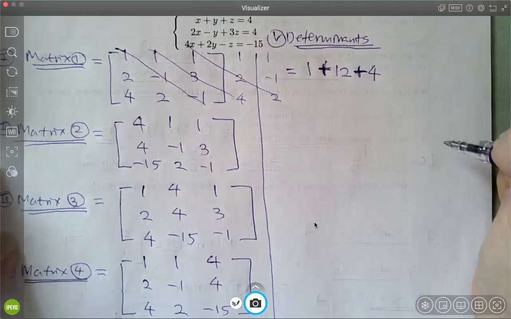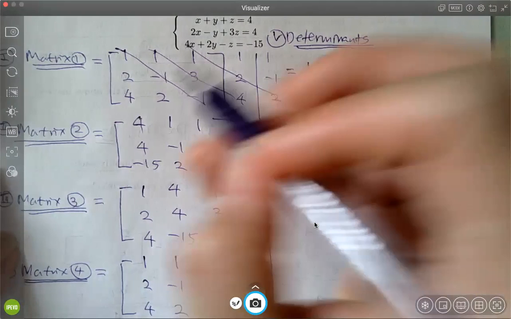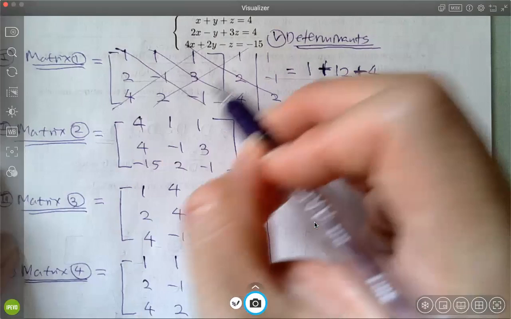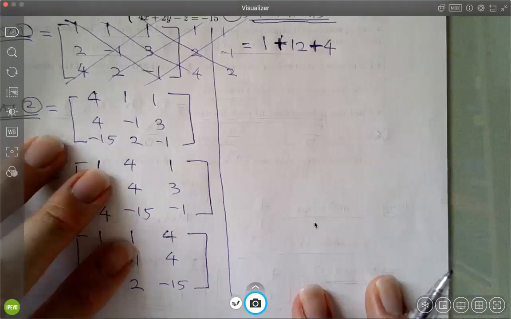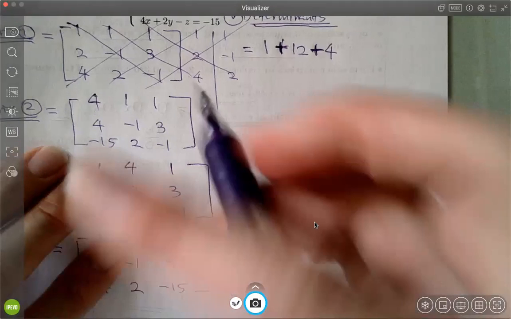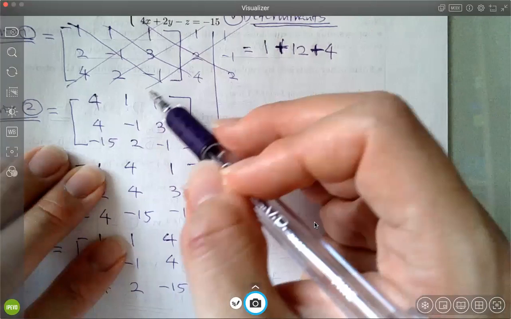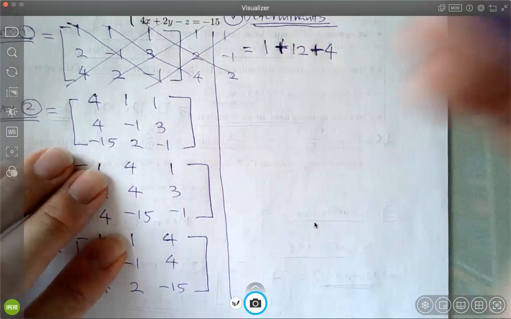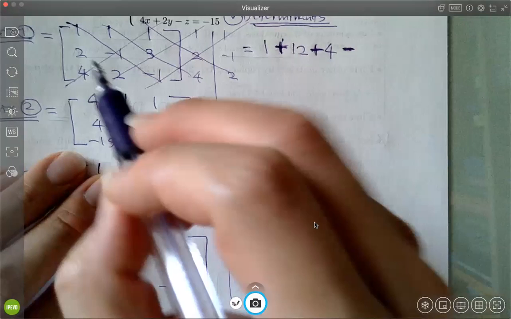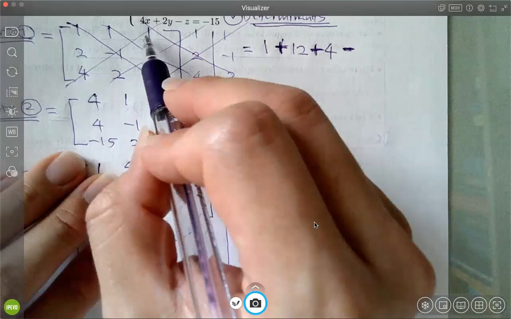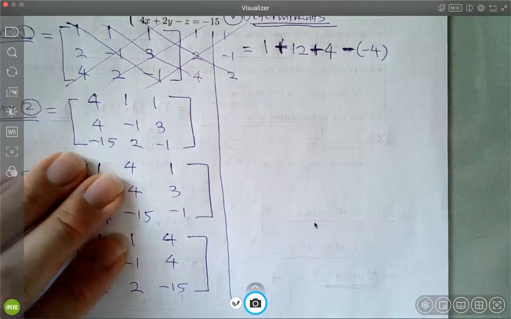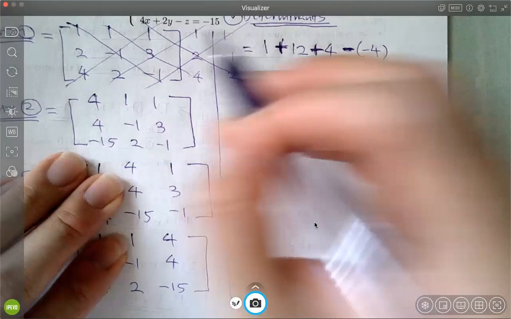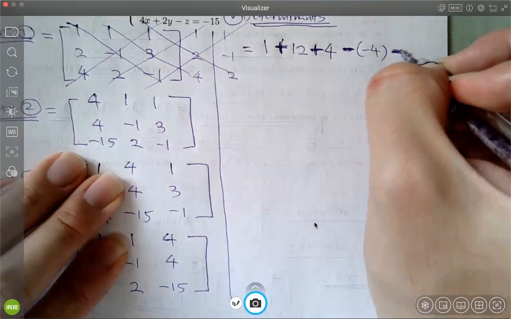Then you go the other way, which is that, and that. For this way, you multiply and then subtract. So subtract here 4, -1, 1, so that's -4. And then 2, 3, 1, so that's another minus 6.